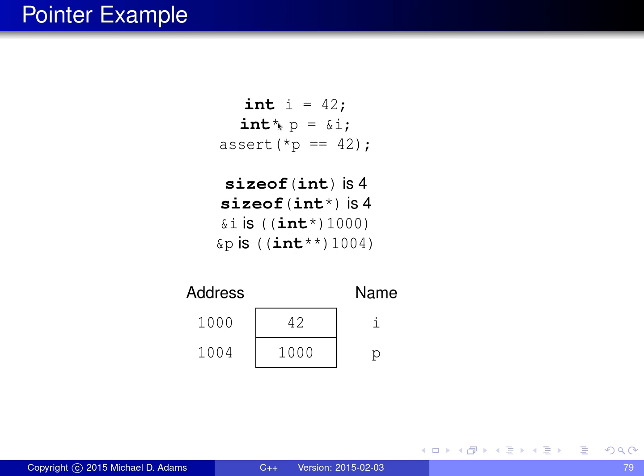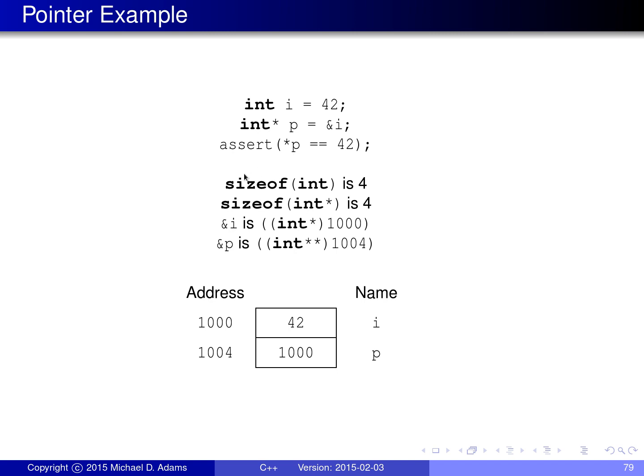We initialize it to the address of i, in other words, the place in memory where i is actually stored. And then we check that if we dereference the pointer, the value that we read is 42. In other words, the value stored in memory where the pointer points is equal to 42. So that's our code snippet.